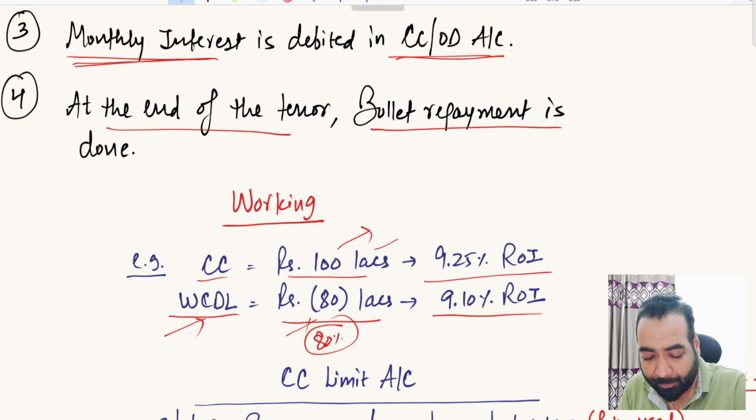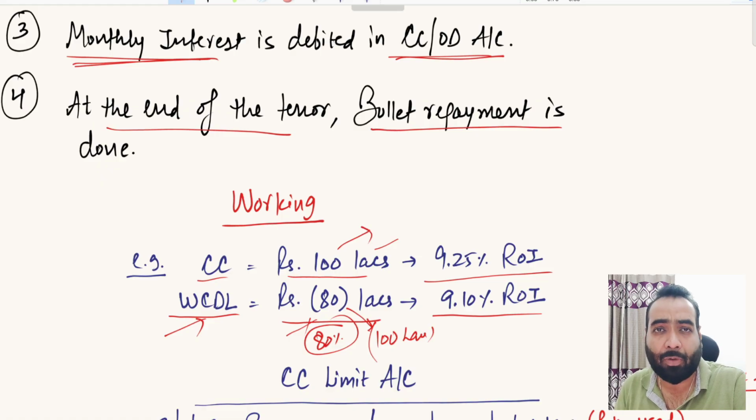They don't give WCDL with 100% interchangeability. For example, they don't generally sanction you WCDL of rupees 100 lakhs, right? They can do so, some banks are doing it, but generally it is not done. Generally, it is kept around 80% of your parent cash credit or overdraft limit.